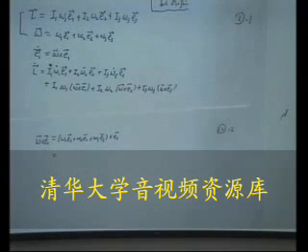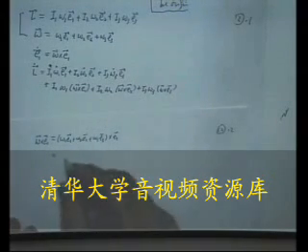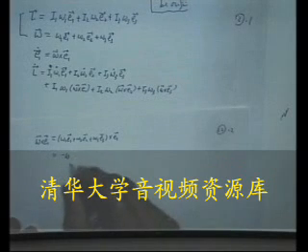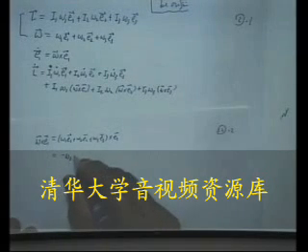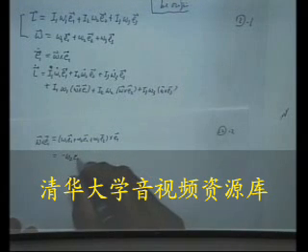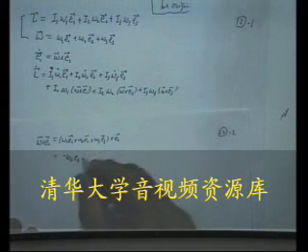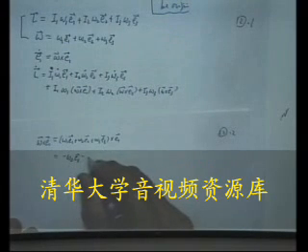E1 cross E1 is 0. E2 cross E1 is minus E3. So we get omega 2 E3 minus, plus omega 3 E2.